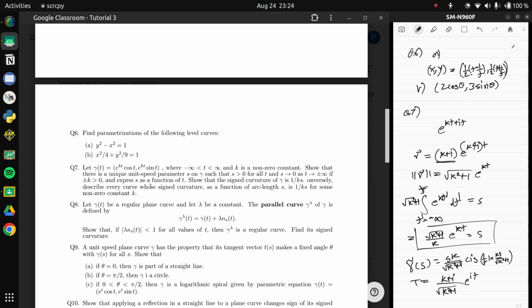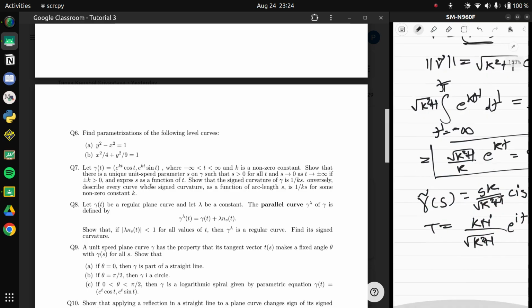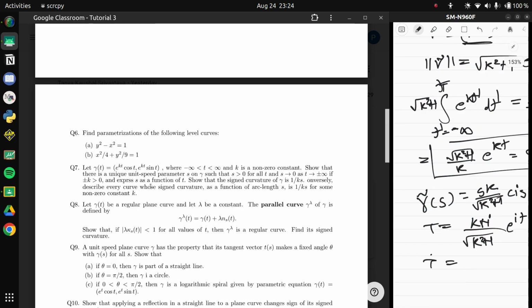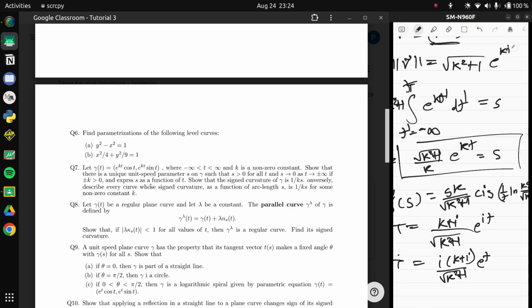Okay, then you want the derivative of that. So your T dot is, this is a constant, so it's just iota times k plus iota upon square root of k square plus 1 times e power iota t.